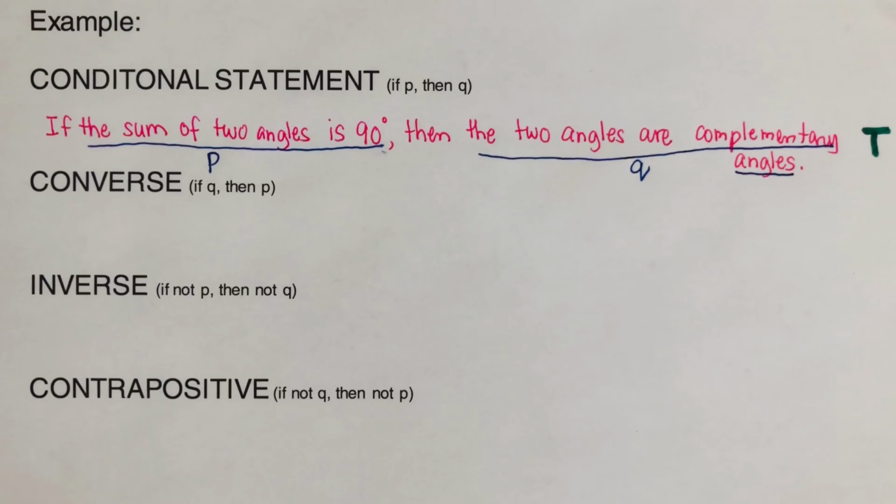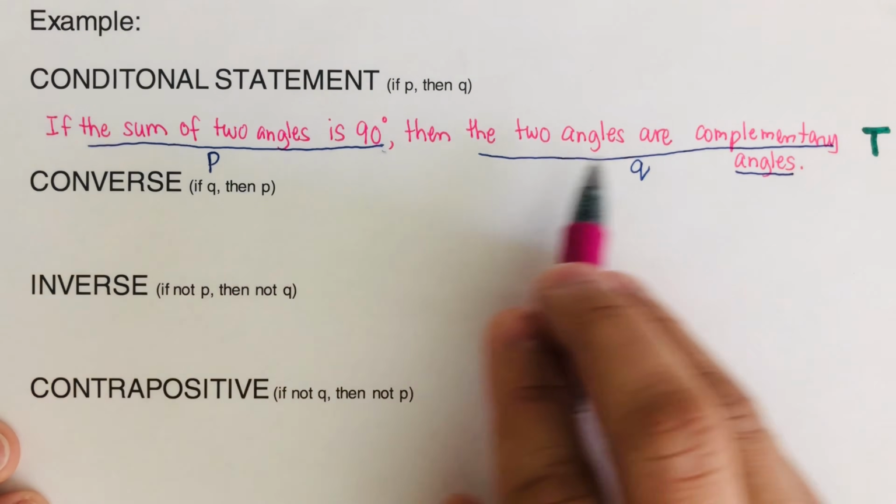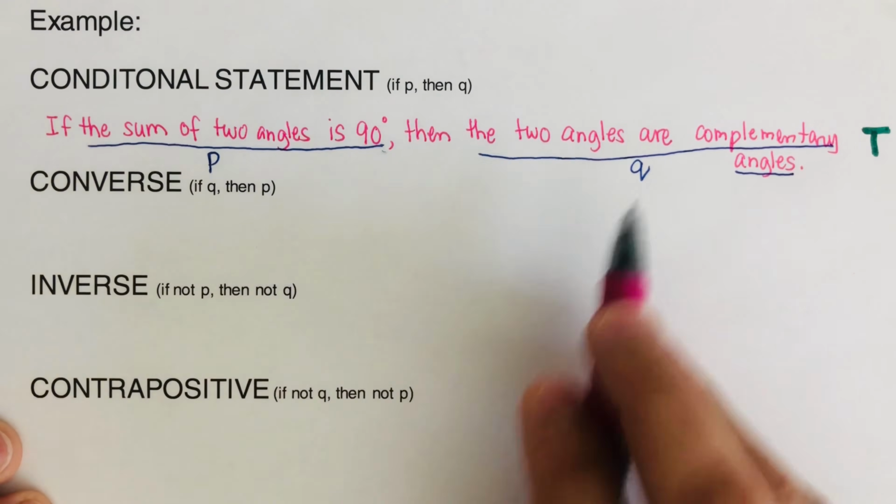Now let's write the converse, the inverse, and contrapositive. At this time, I would encourage you to pause this video and try this problem out on your own. And when you're done, unpause it and check your answer. Okay, we go over this. Let's have the converse. For the converse we flip the hypothesis and the conclusion.